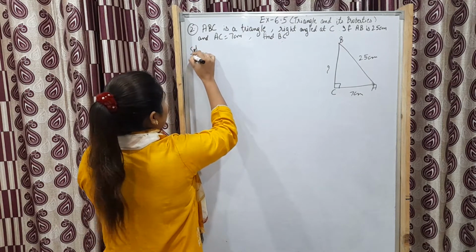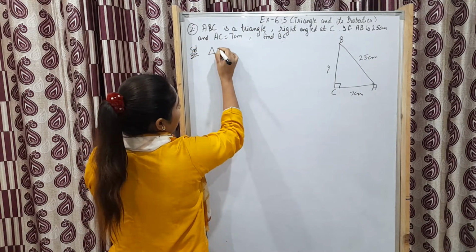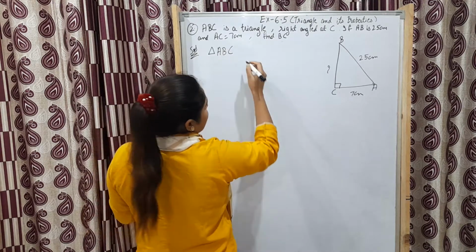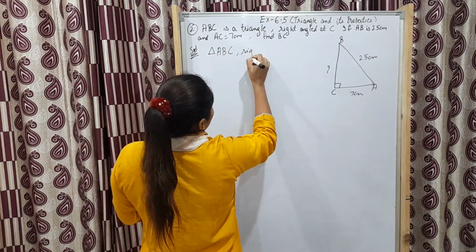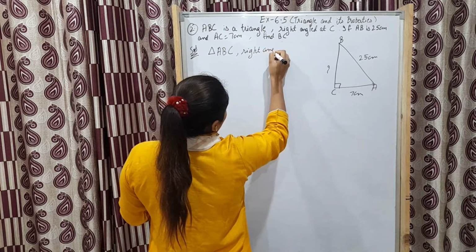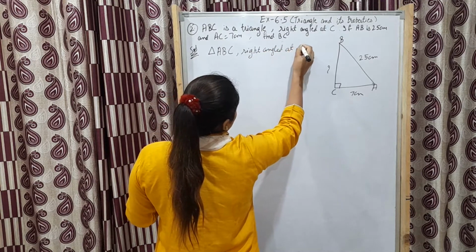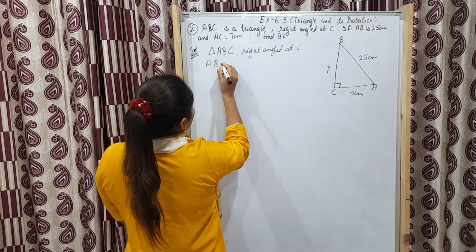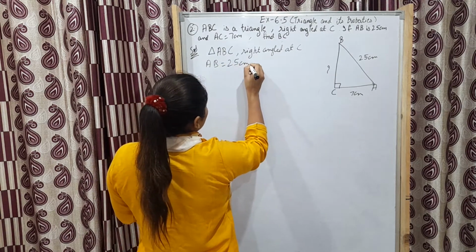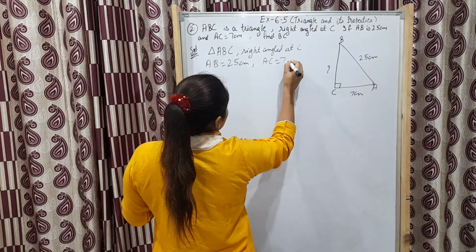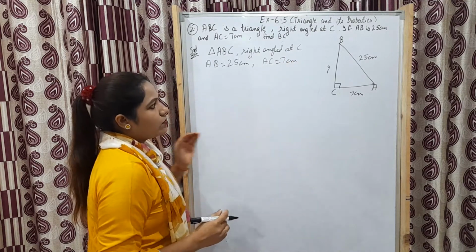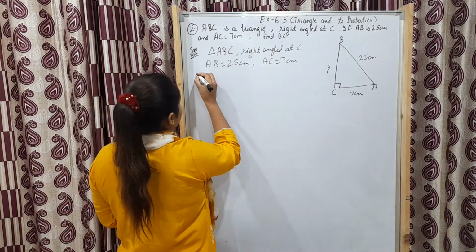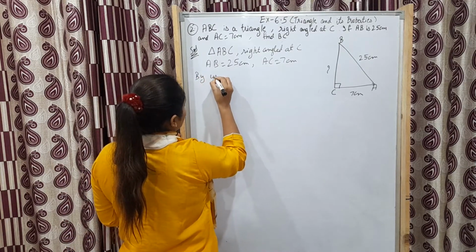Now in the solution, first we will write triangle ABC, right angle at C. Then we will write given, that is AB is 25 centimeter and AC is 7 centimeter. Now it is a right angle triangle, so we will use the Pythagoras property.